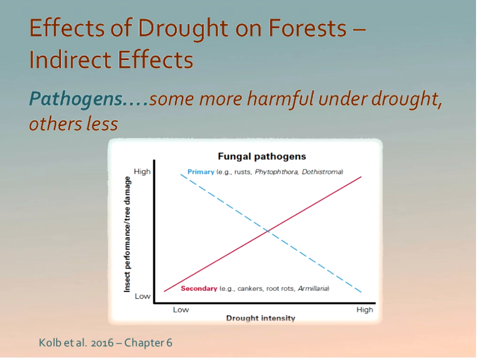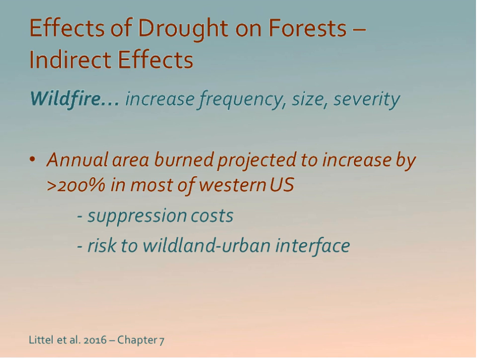On the contrary, though, pathogens that are considered secondary pathogens, and that is ones that seem to do better on weakened trees, and a lot of these are cankers or root rots, etc., do better under high drought because the trees are weakened and they can take advantage of their weakened defenses. So some pathogens are more harmful under drought, but others are less harmful under drought conditions.